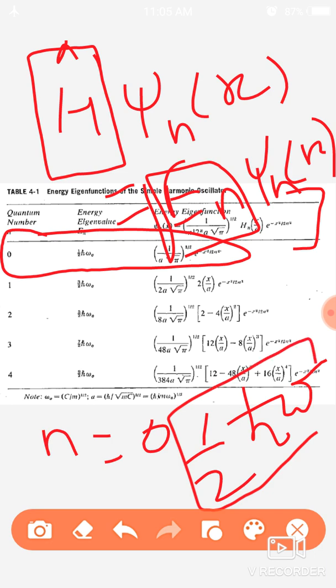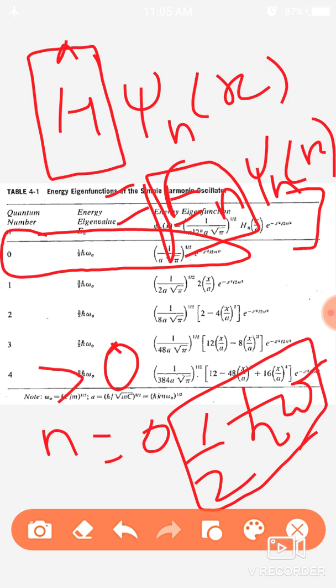This is the main difference between quantum and classical physics, where classical physics says that in the ground state the system will have energy equal to 0, but quantum physics opposes this statement and puts forward a new theory that corresponding to the ground state the energy of the system is not equal to 0, it is always greater than a minimum amount, or we can say it is always higher than 0.